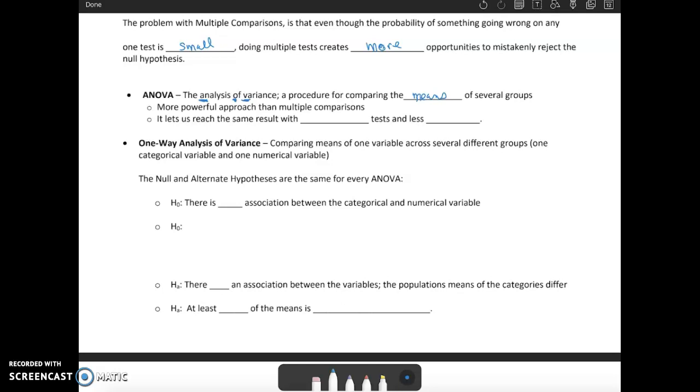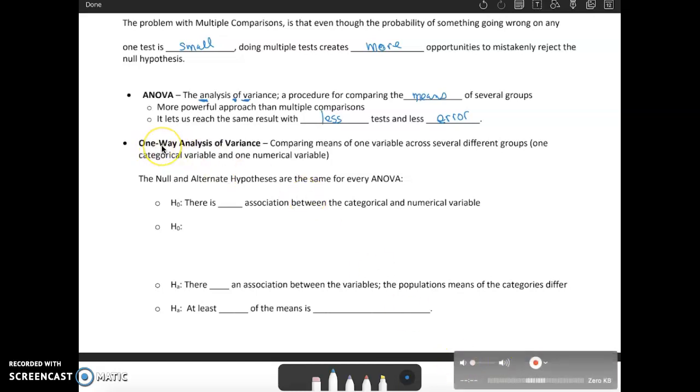It's a more powerful approach than the multiple comparison method because it lets us reach the same result with fewer tests and less error. So this is how we would definitely want to attack these.